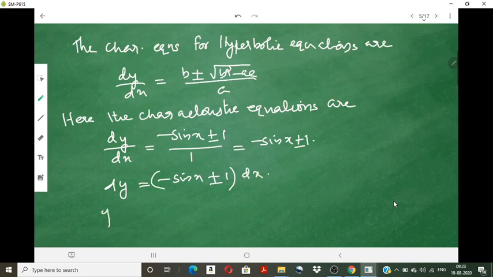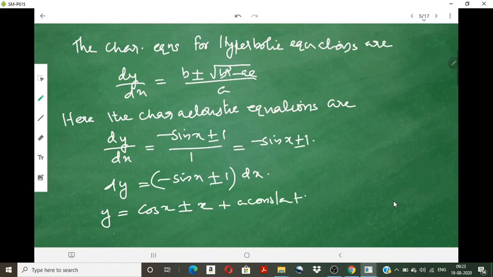Integrating on both sides, we will get y is equal to minus sin x's integral. We know the derivative of cos is minus sin, so the integral of minus sin is cos x, plus or minus the integral of 1 dx, that is x, plus a constant.